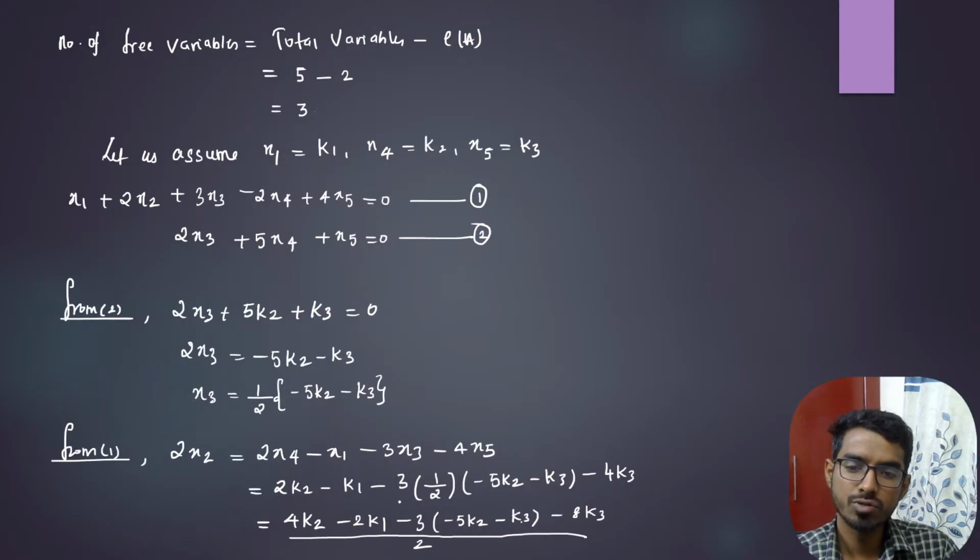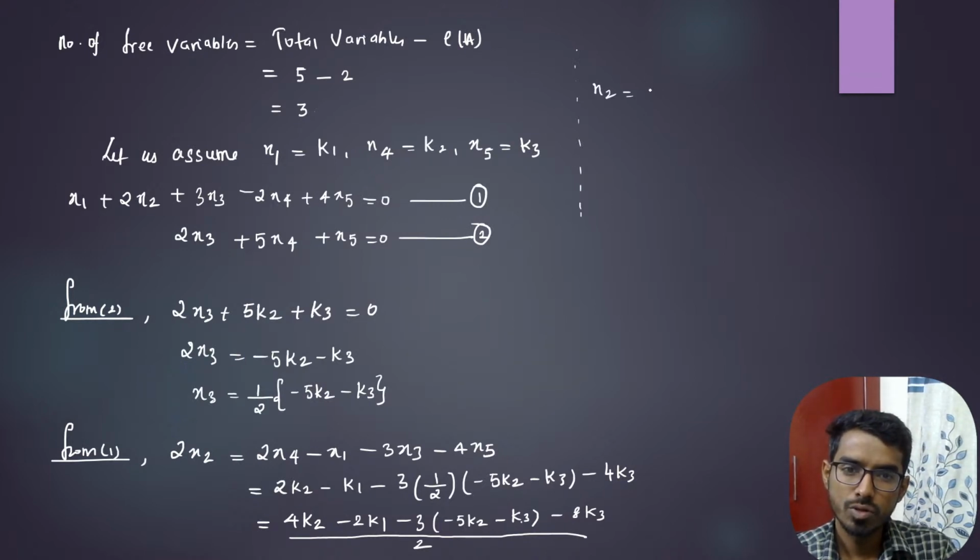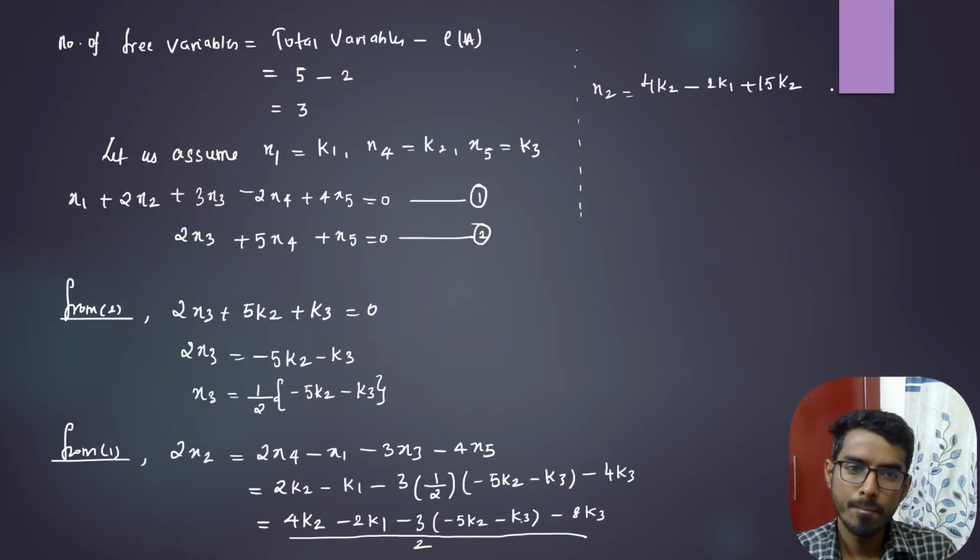Just taking the LCM, right? So x2 is equal to 4k2 minus 2k1 plus 15k2 plus 3k3 minus 8k3, whole divided by 4.